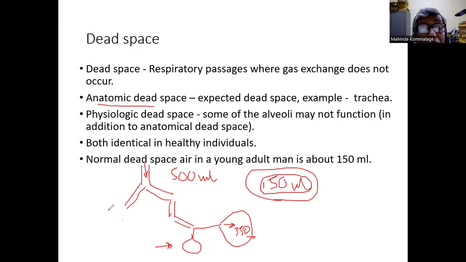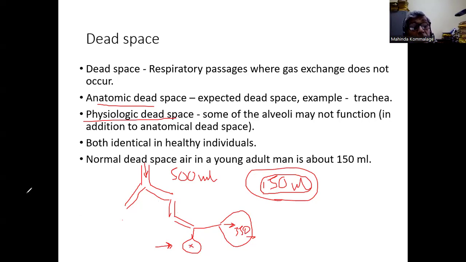Therefore, we have anatomical dead space and physiological dead space also. If we add the alveoli which do not get blood flow, we call it physiological dead space. Basically in a healthy adult, anatomical dead space and physiological dead space are the same, but sometimes you might get a high physiological dead space because of some problem in some alveoli, right?